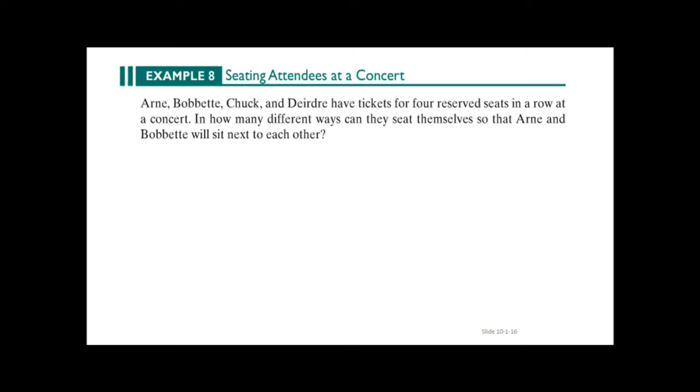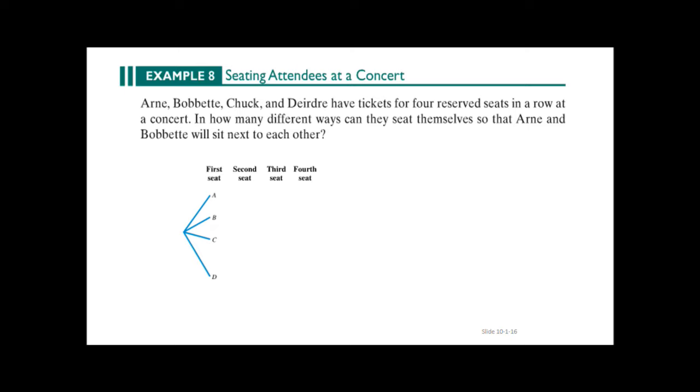It's 4 parts because we have to sit someone in the first seat, someone in the second seat, someone in the third seat, and so on. So what we're going to do is list out the parts: first seat, second seat, third seat, fourth seat. And then we're just going to go through the different options. So either A sits down, B sits down, C sits down, or D sits down.